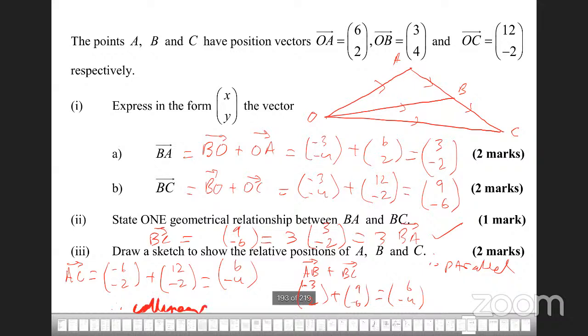So the parallel and collinear, because you got AC. So my diagram is correct, and more than likely that's what you will end up with in the end. You didn't have to show that. Just for part 3, all you have to do is plug the points and connect it up. That's it, right?